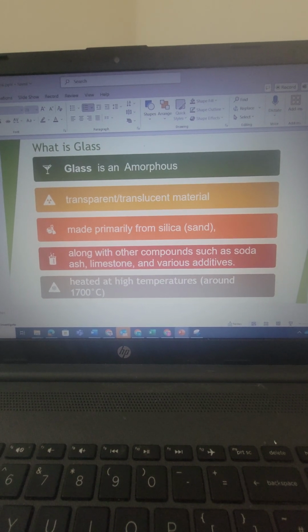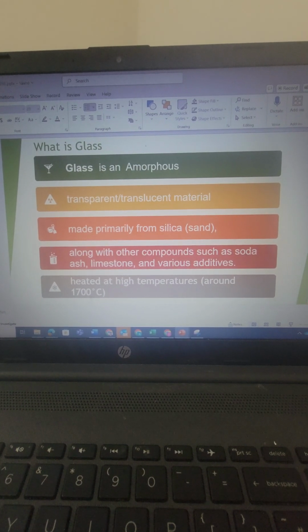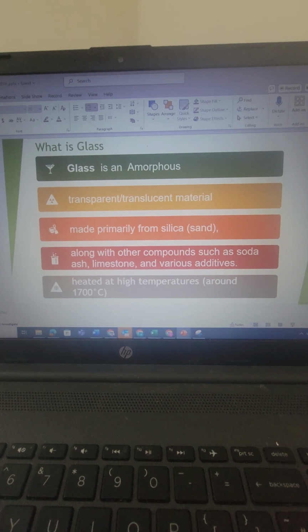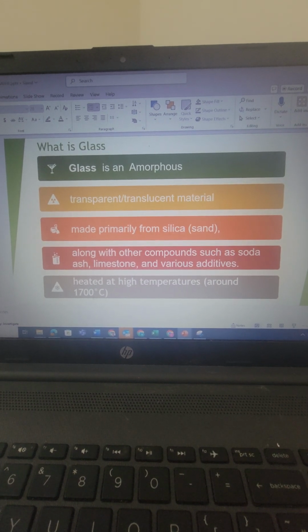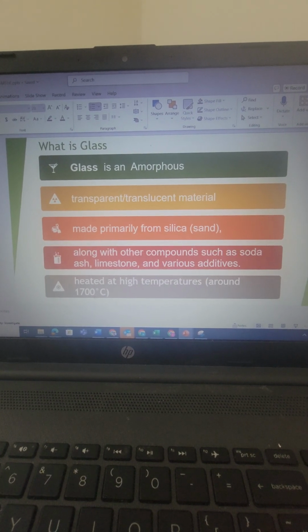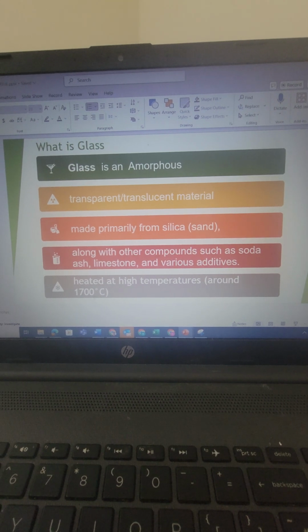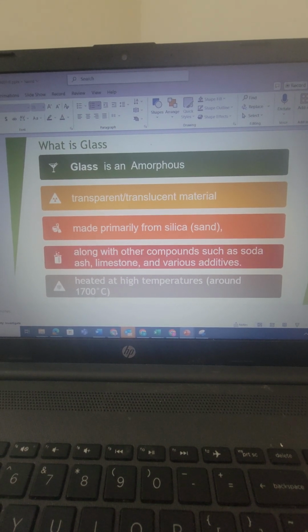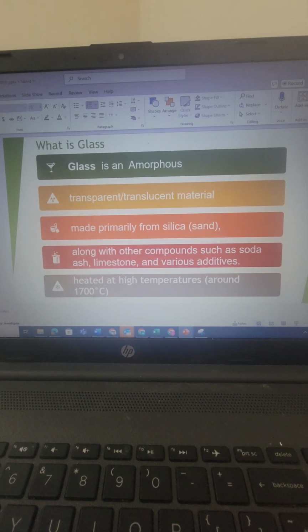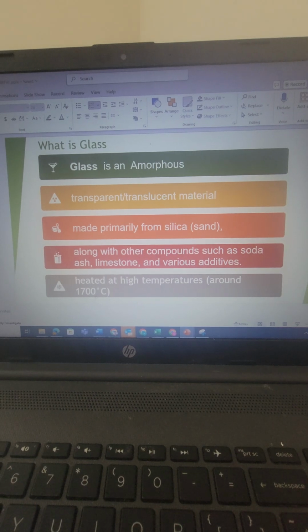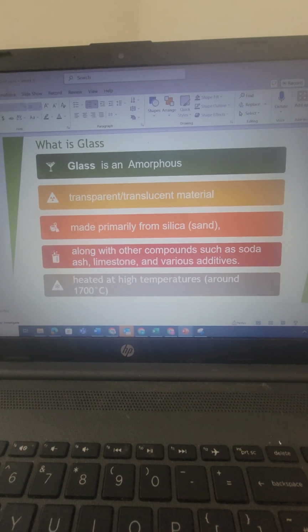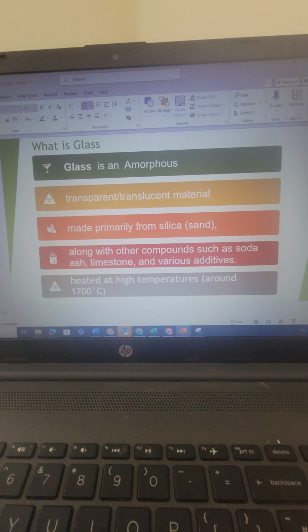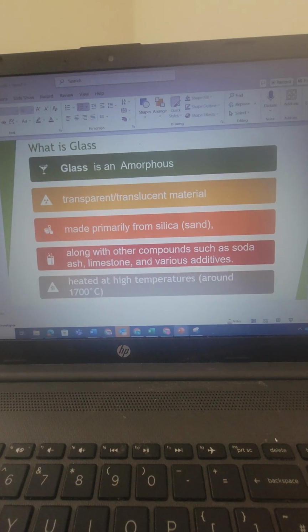Primarily it is made from silica, majorly silica. Then you have other compounds you can add. You can add soda ash, you can add limestones and various additives depending on choice and the type of glass you want to make, and at different proportions.